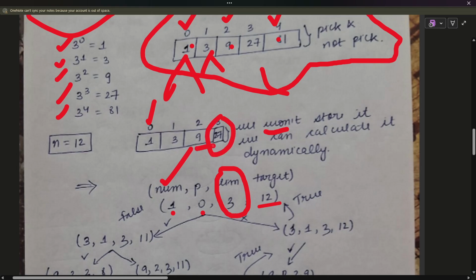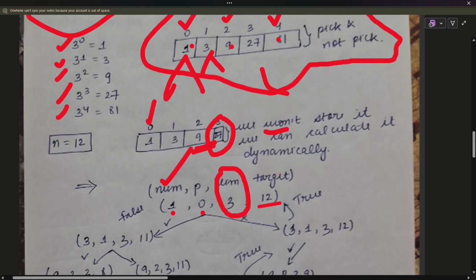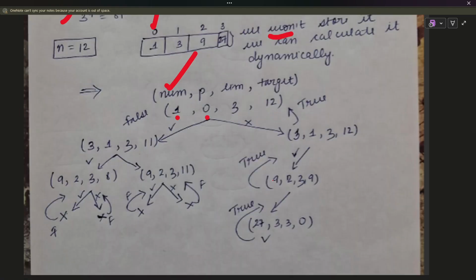We won't be checking it for 3 raised power 4. So let me just show you the recursive tree, how it's going. First we picked it.